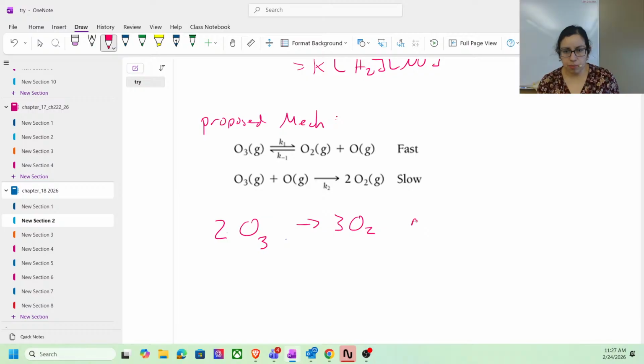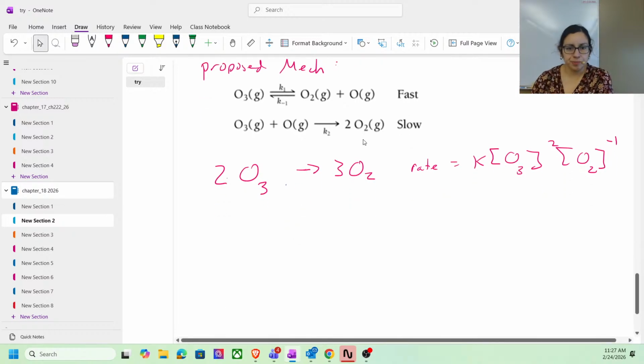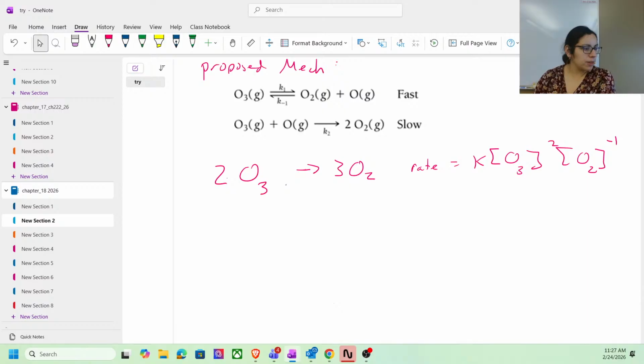And our observed rate law for this is K times ozone squared, and then this is interesting, O2 to the minus 1. So let's check this out. Again, we want to see, does it add up? Basically, does this match?